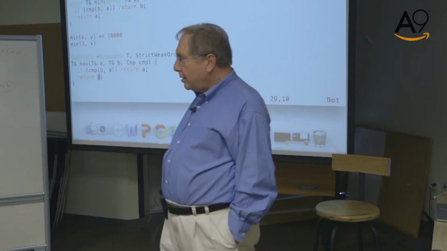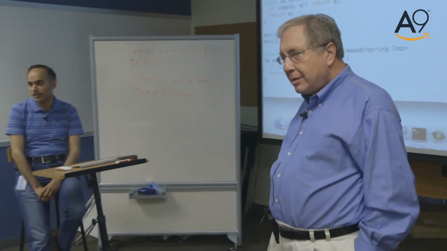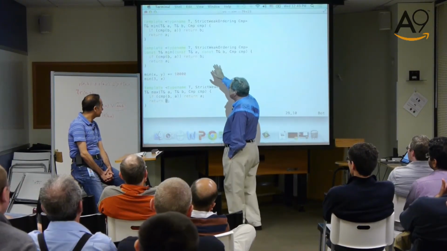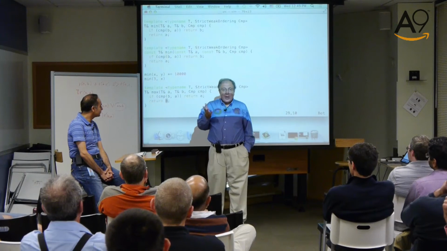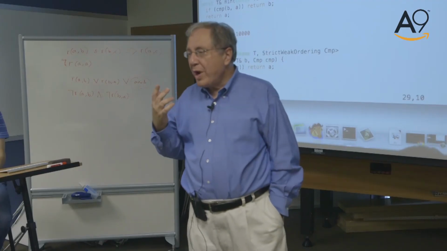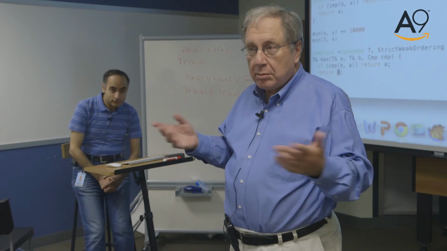Is this an arbitrary choice? That's the question. If it's an arbitrary choice, then who cares? Well, it has to be consistent. Again, let us spend a little time thinking even about min. Where is the problem? The problem does not arise when one is less than the other. It's very clear what to return.